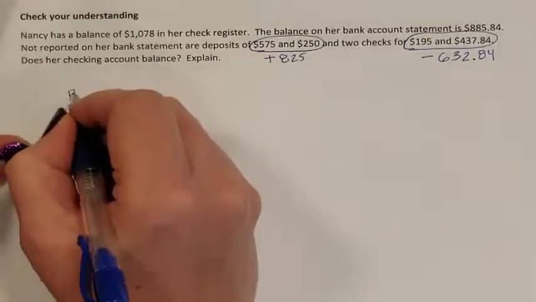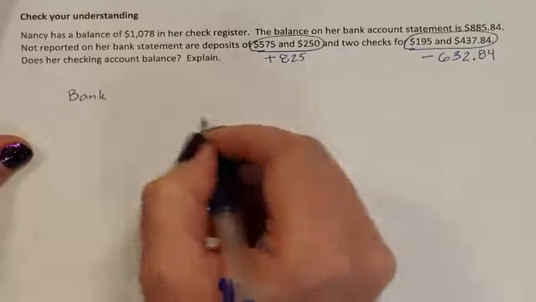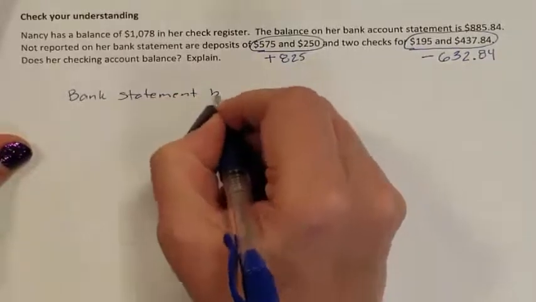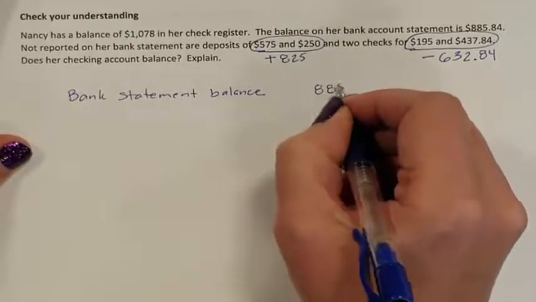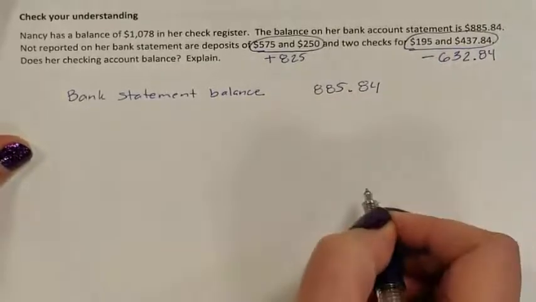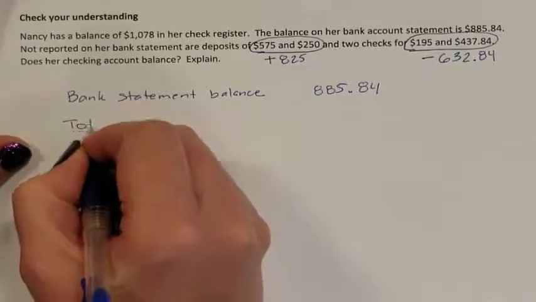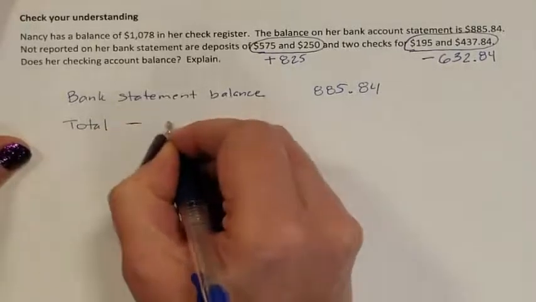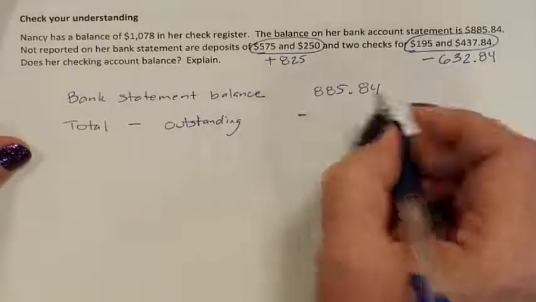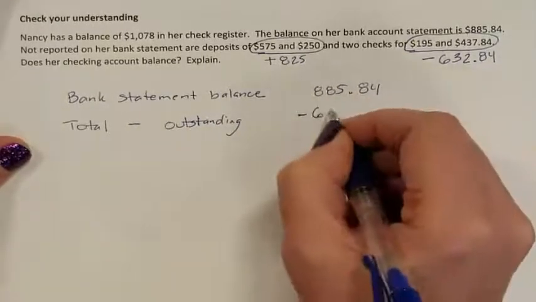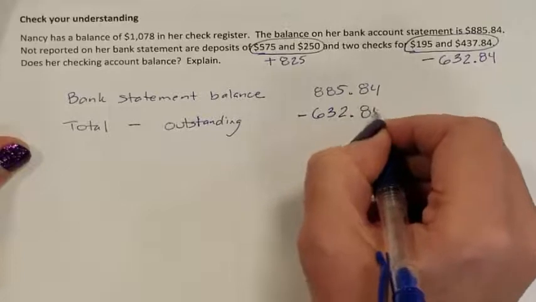So the first thing that you are always supposed to do is get your bank statement. And her bank statement balance said that she had $885.84. You are supposed to then go ahead and subtract your outstanding withdrawals. Her outstanding withdrawal was the $632.84.